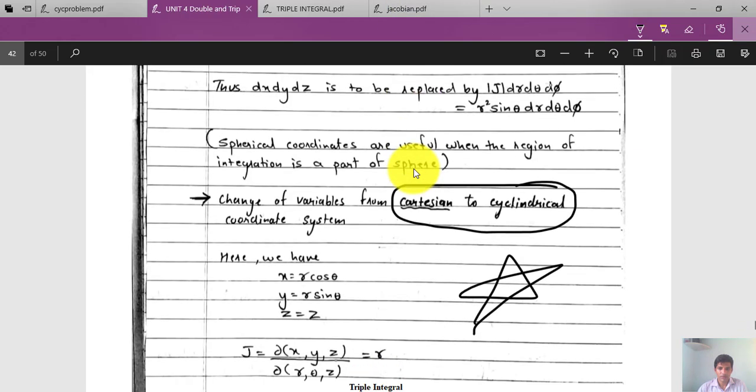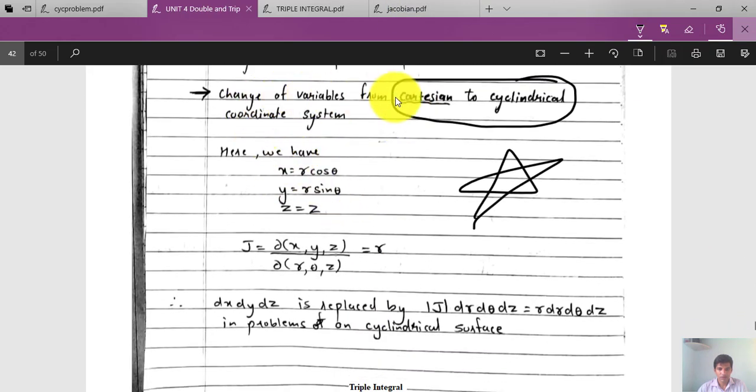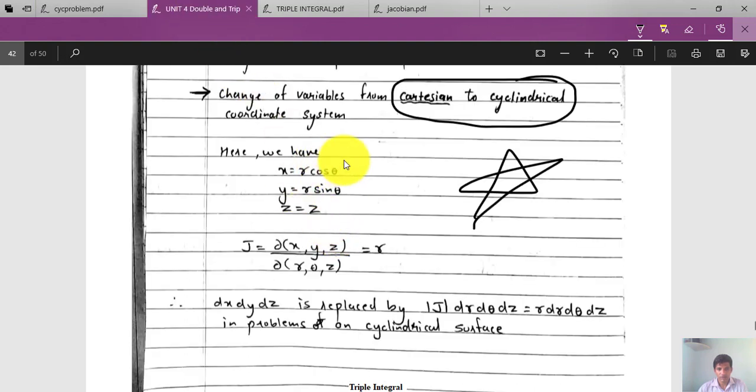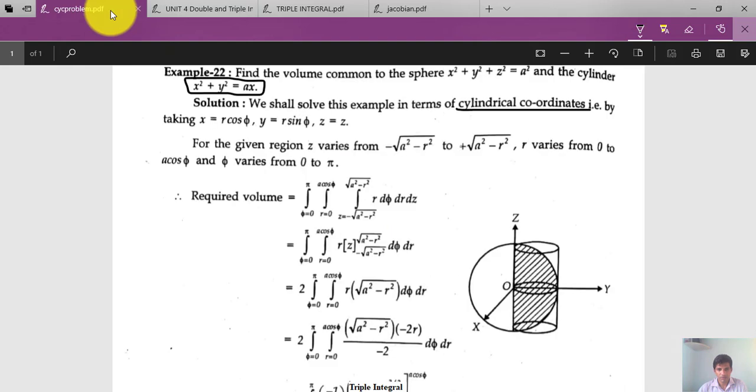I have given here this change of variables from Cartesian to cylindrical coordinates. Now if I am taking cylindrical coordinates, I have to transform x and y in terms of r cos phi. So x is equal to r cos phi, y is equal to r sin phi, and z is equal to z. This is what I have given here. Okay, fine.